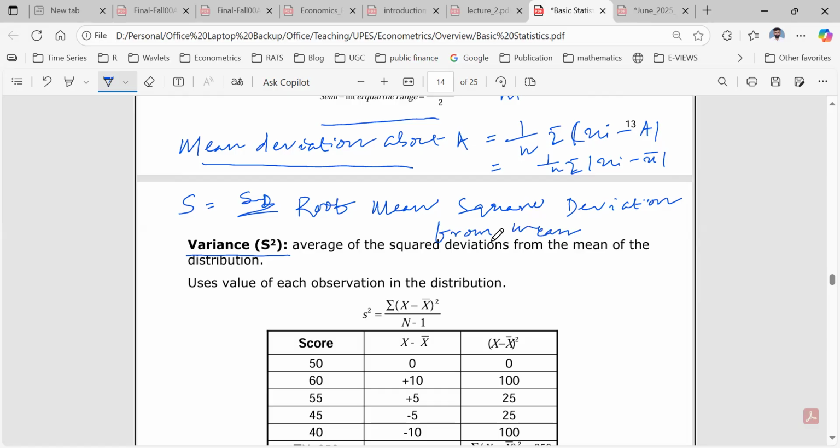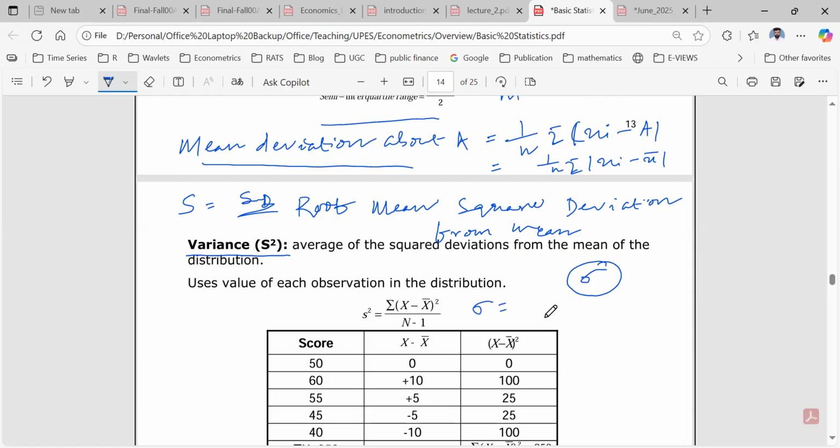And how do you write standard deviation? You use the Greek letter sigma. This is a Greek small letter. So what is the formula of standard deviation sigma?